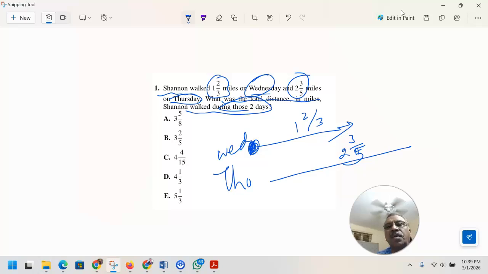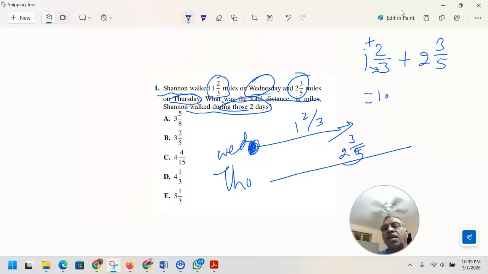So all you do is just add the two numbers. You can do it two ways. I will first write a mixed fraction as an improper fraction.